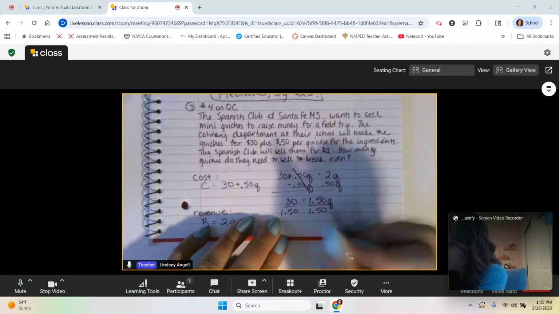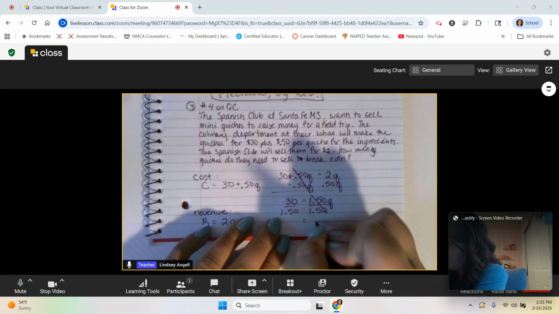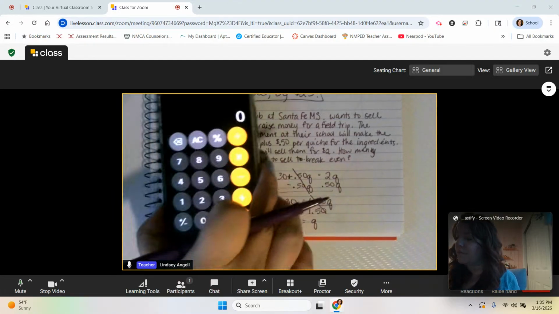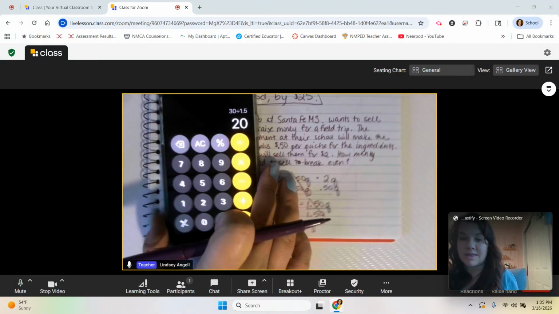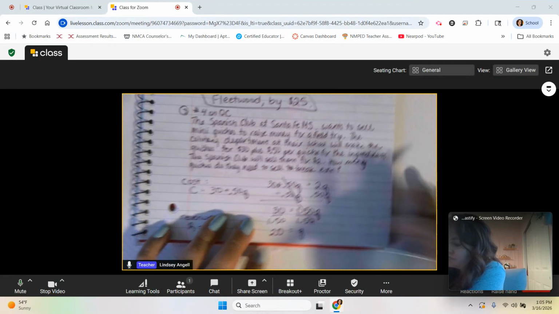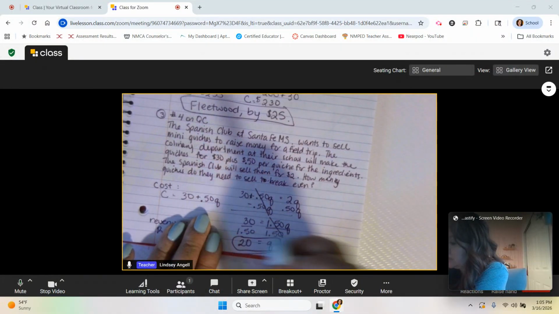Really I don't need that 0 there, but since we're talking money, I left it alone. They'll cancel over there. So the number of quiches is what we're looking for. Then we would do 30 divided by 1.5, and that is equal to 20. So that's your final answer: 20 quiches.